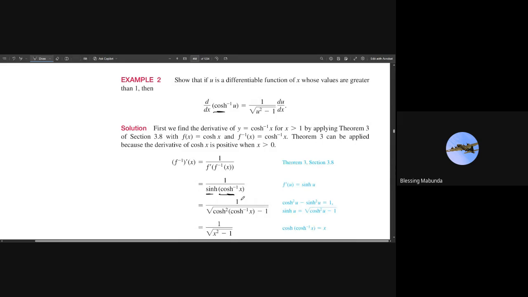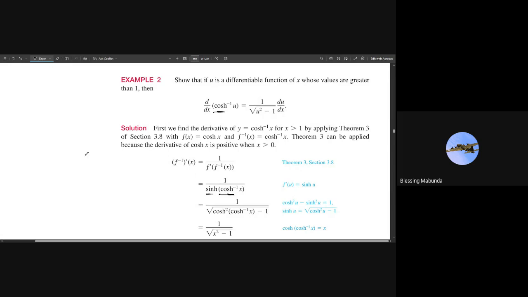When you consider these two, the 1 over sinh of cosh inverse x is equal to 1 divided by the square root of cosh squared of cosh inverse x minus 1.